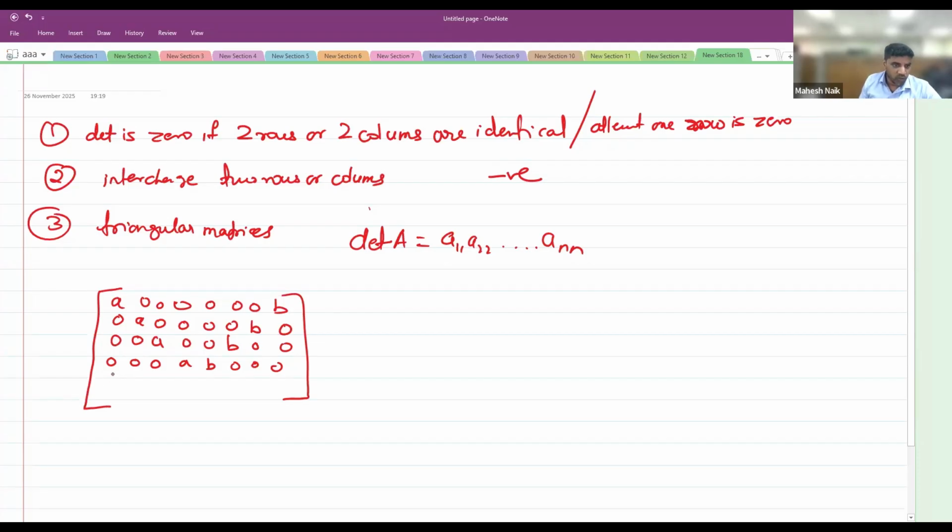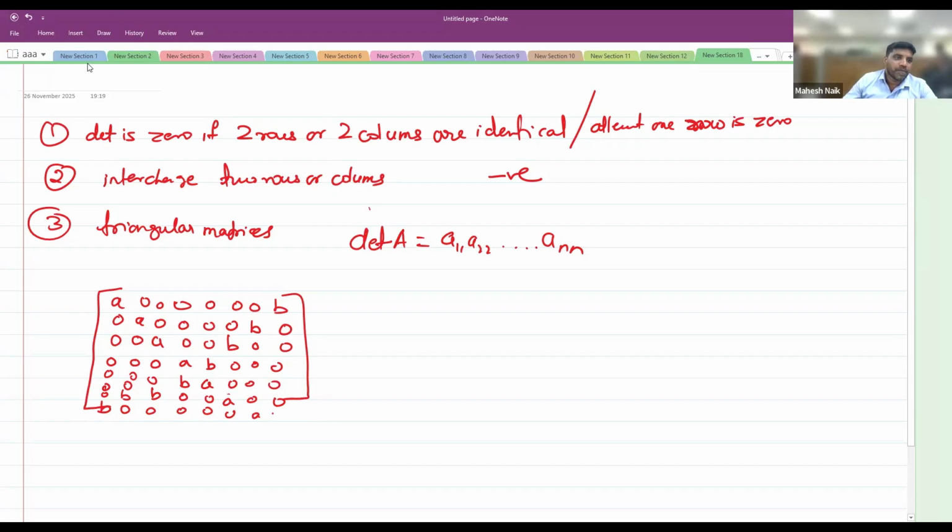I hope you all have understood what exactly the steps beyond will be. So along the principal diagonal we have all a's, and in the opposite diagonal we have all b's.